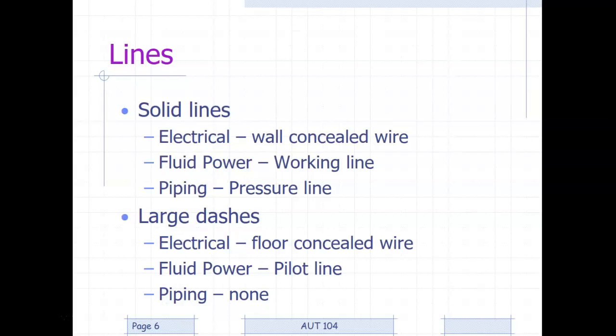You have fluid power, which means if it's a solid line, it is a working line. You have piping, which this could be considered as a pressure line. You have large dashes. There's all sorts of different types of lines. If they're done in large dashes, that could mean that it's a floor concealed wire. If it's fluid power, it could be the pilot line. If it's piping, well, there's not really apparently one for piping.